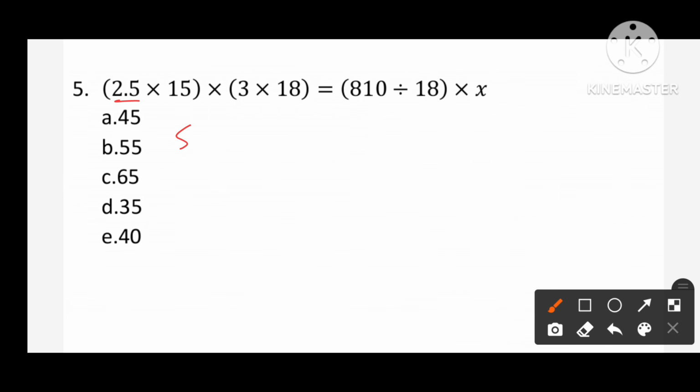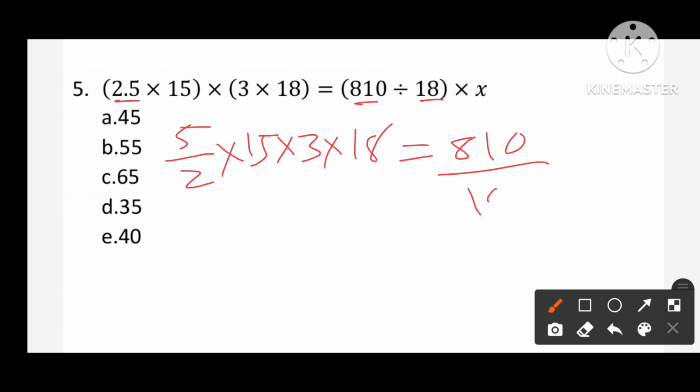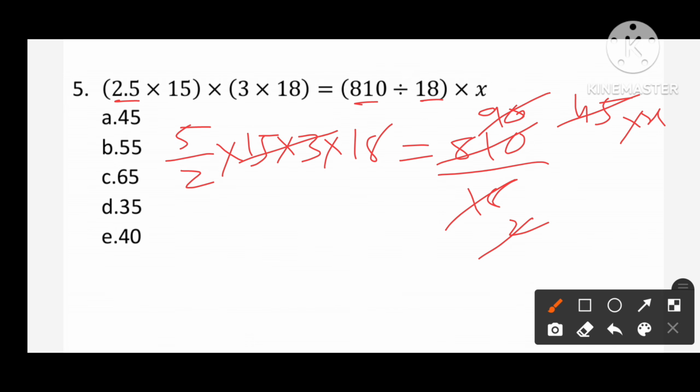We can write this as 5 divided by 2 into 15 into 3 into 18 equals to 810 divided by 18. 9 2 times, 9 90 times, 245 times. So 45 times of x we got here. 15 3 times 45. So 5 times 9 is 45, our x value. So the answer will be option A, 45.